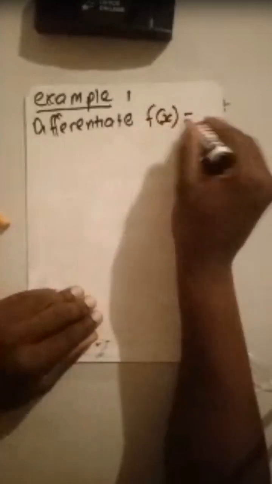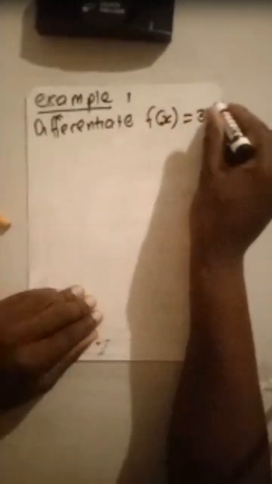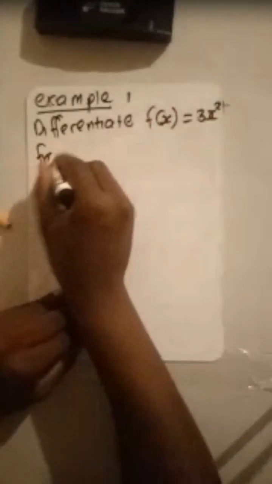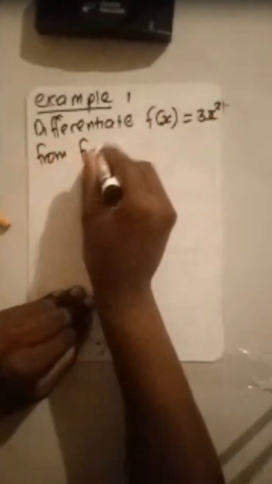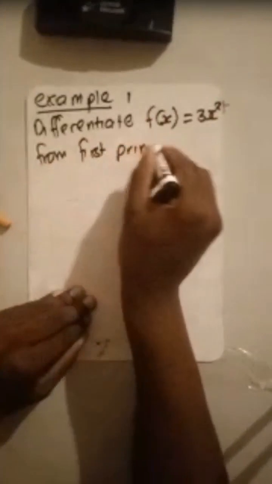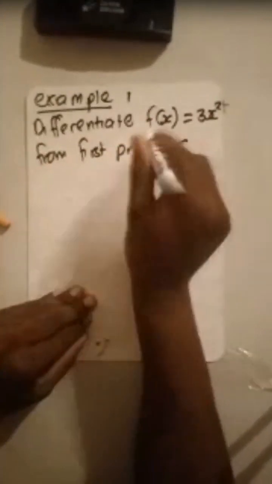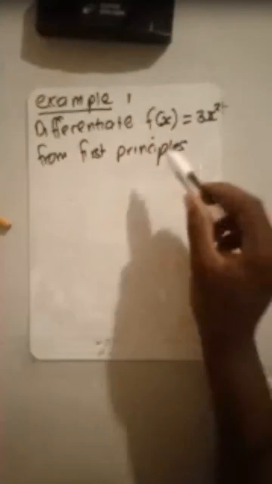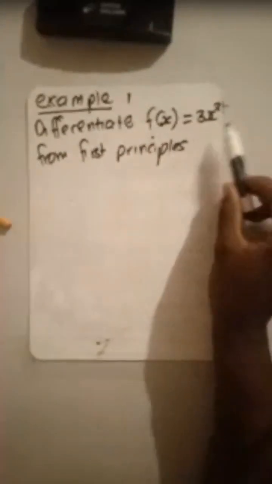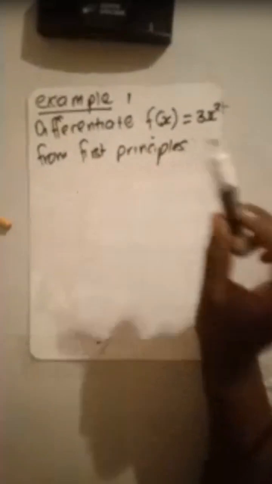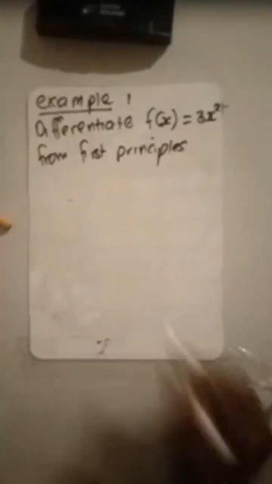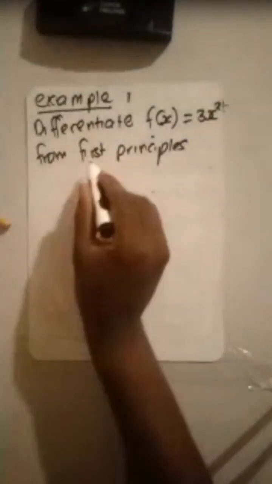So differentiate f of x is equal to 3x squared from first principles. What are the key words here? The key words are differentiate, then from first principles.